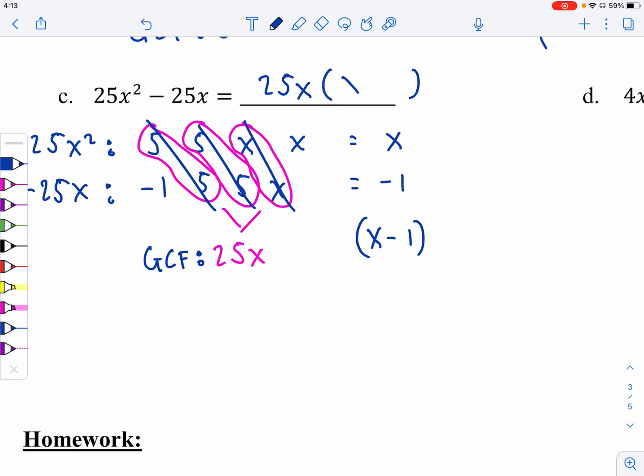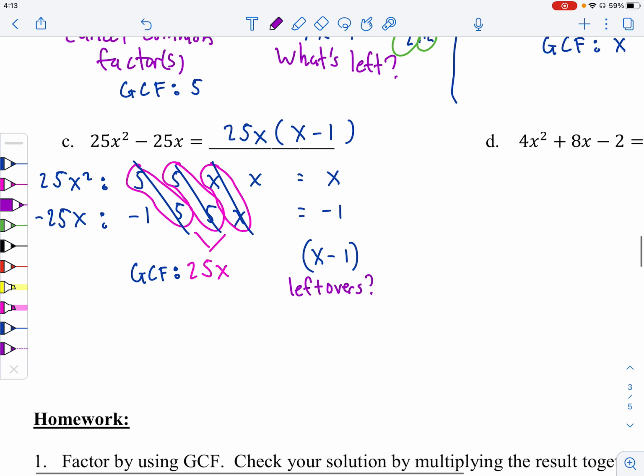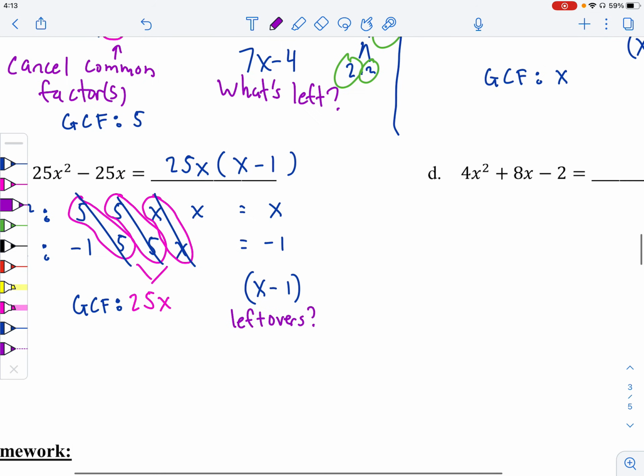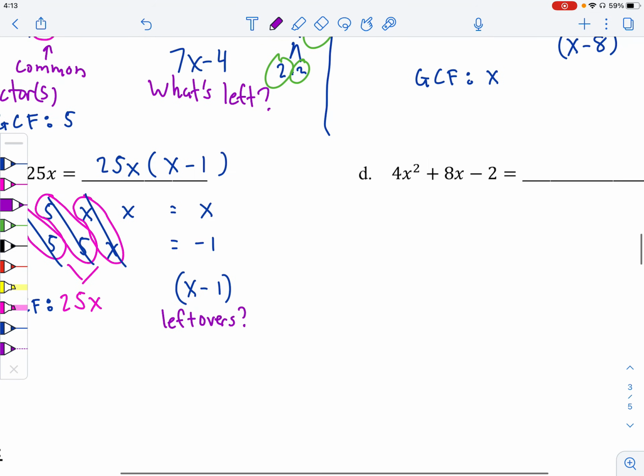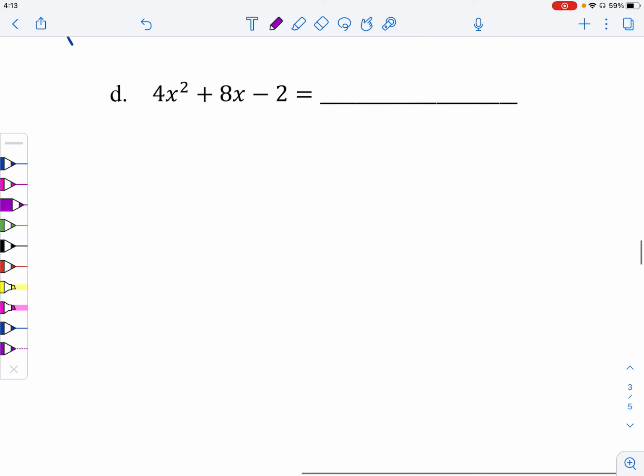We put that in the parentheses. This is our leftovers, like food leftovers. And that's it.